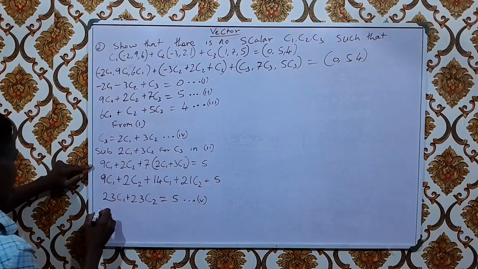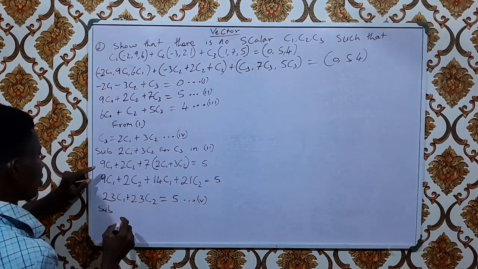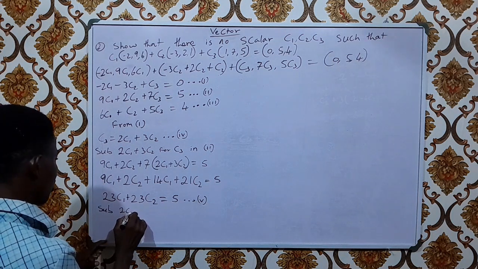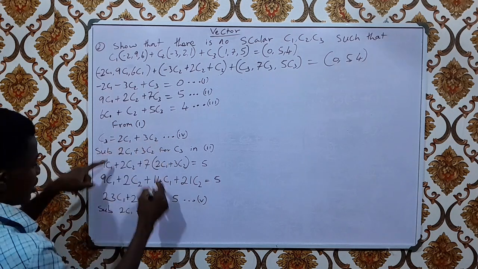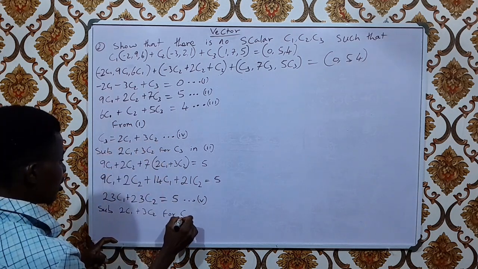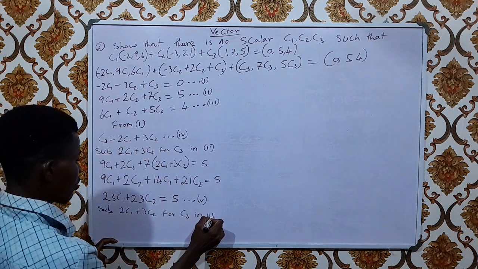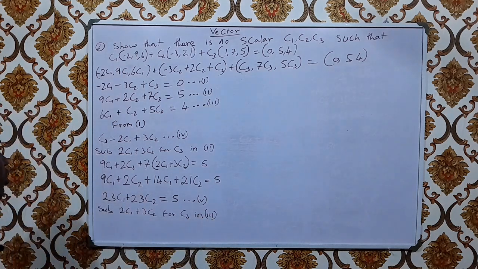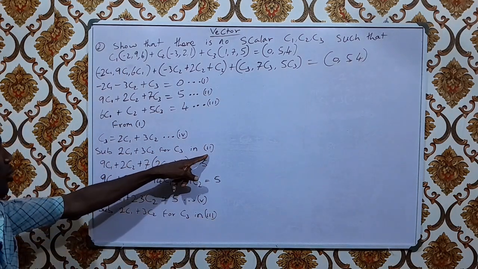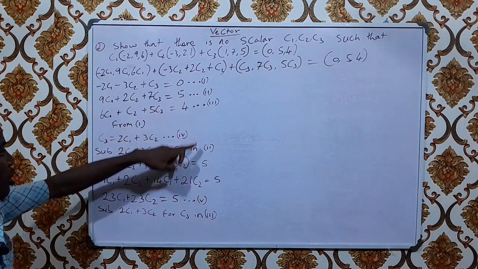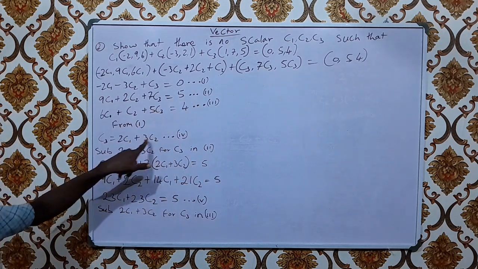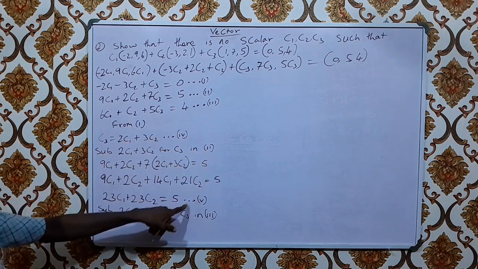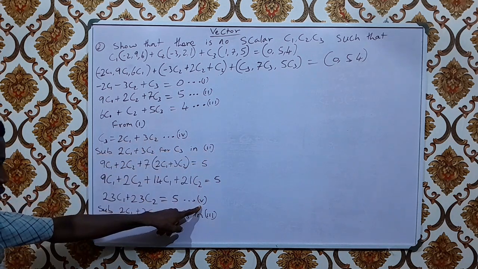Now we say again, substitute 2C1 plus 3C2, that is this, for C3 in equation 3. You know what we did here? We put this into equation 2 to get equation 5.